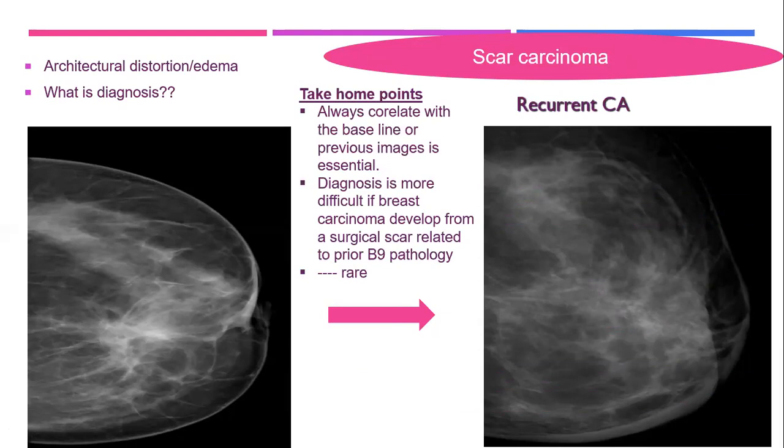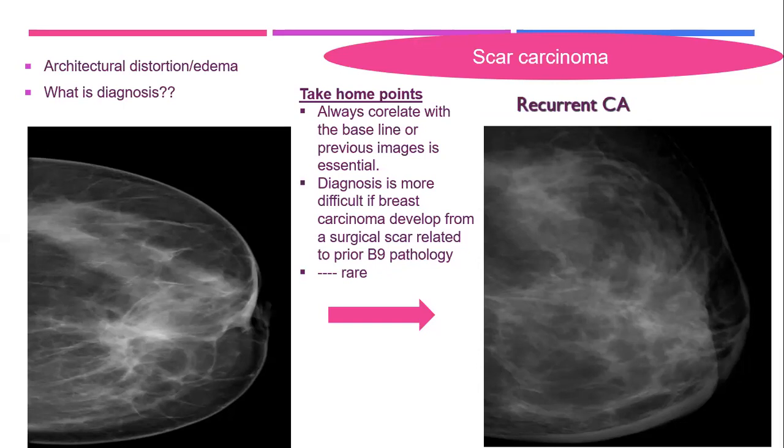It is very essential to diagnose or pick up the scar carcinoma. And it will be more difficult if cancer develops at the site of a scar due to previous benign pathology, because for a cancer pathology you expect recurrence and you are going to look for that.